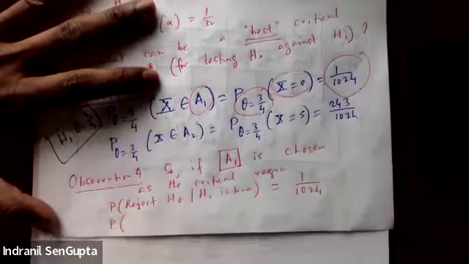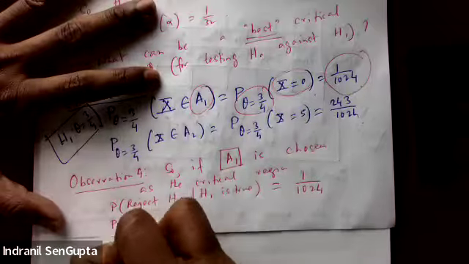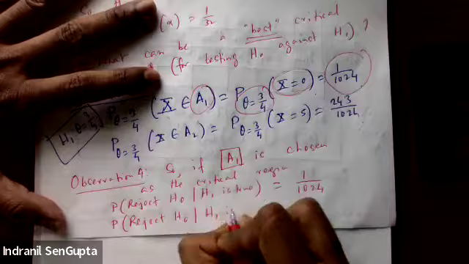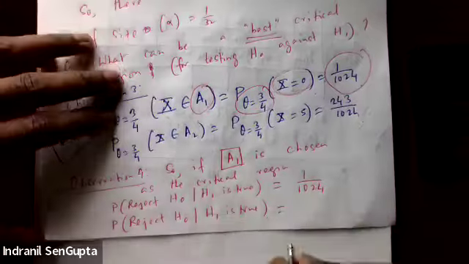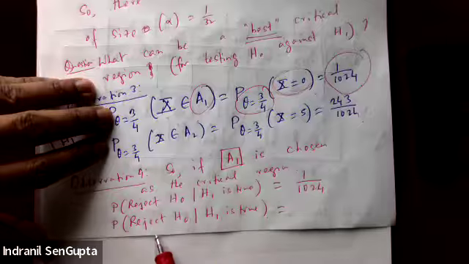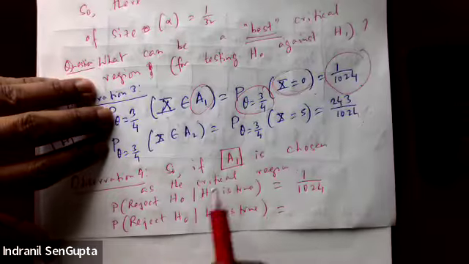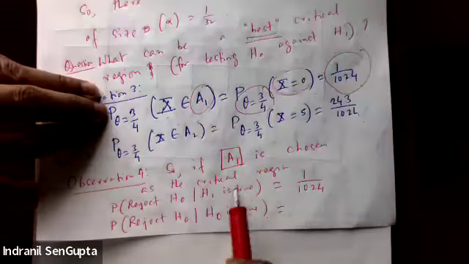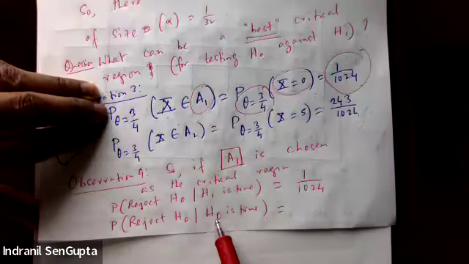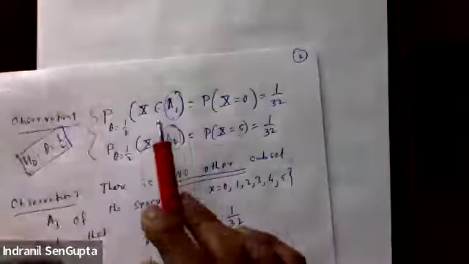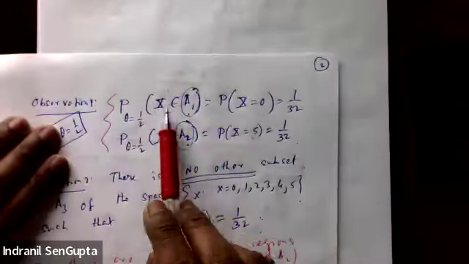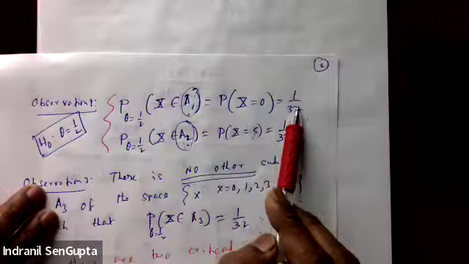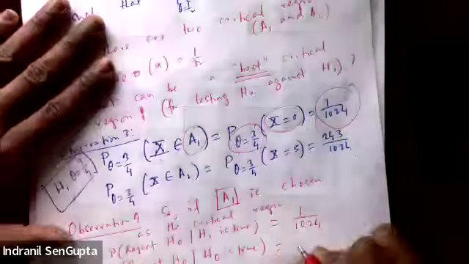However, the probability of rejecting H0 when H0 is true means x should be in A1, and I'll be using theta equals 1/2 for computation. So x is in A1, and I'm using the null hypothesis for computation of this probability. It's 1 over 32, right? So this is going to be 1 over 32.